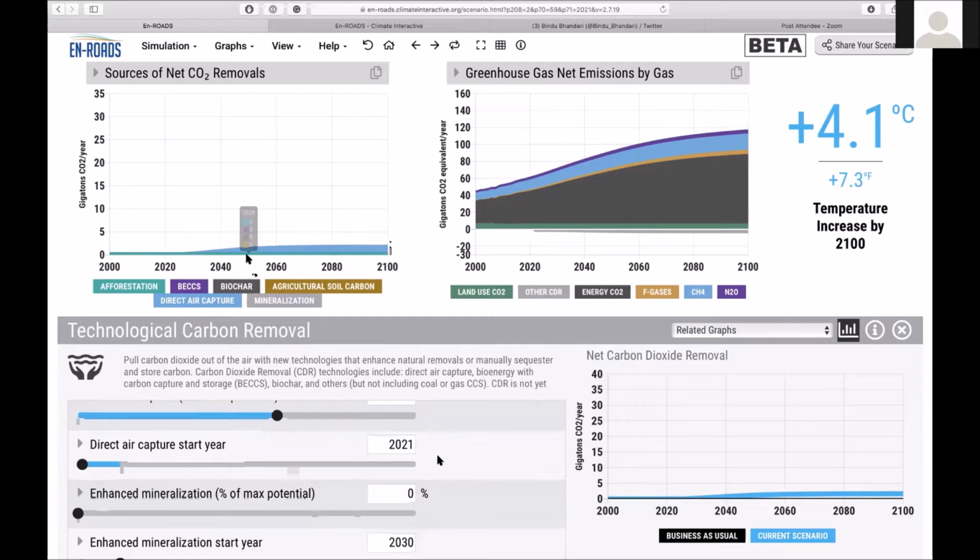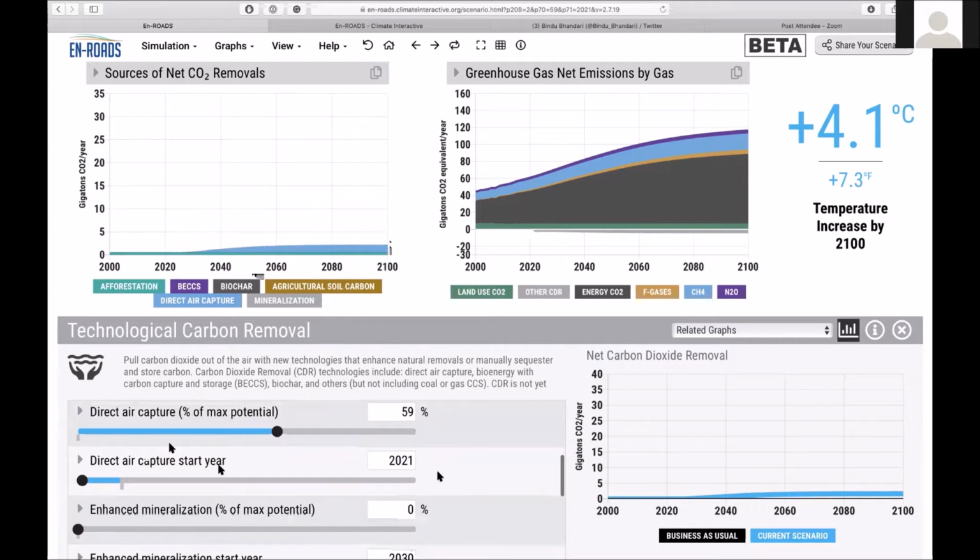You can see this area increases. But the key thing to notice here is, even if we take immediate action, even if direct air capture starts right away next year, as you can see in the graph here, it takes quite a good bit of time. It is only in the late 2040s that it actually starts capturing enough carbon dioxide from the atmosphere.